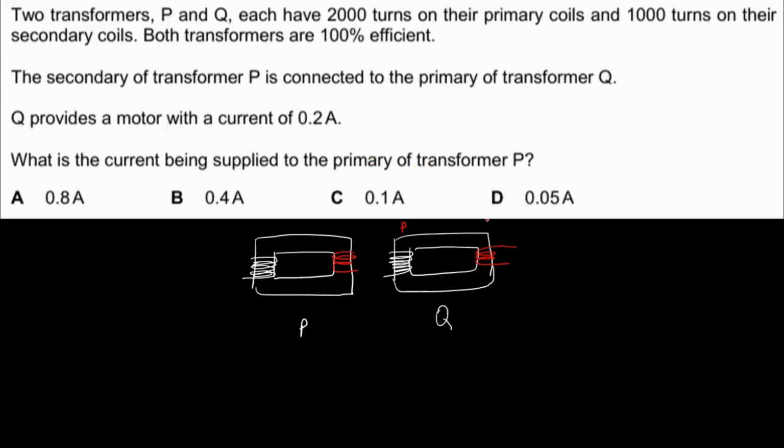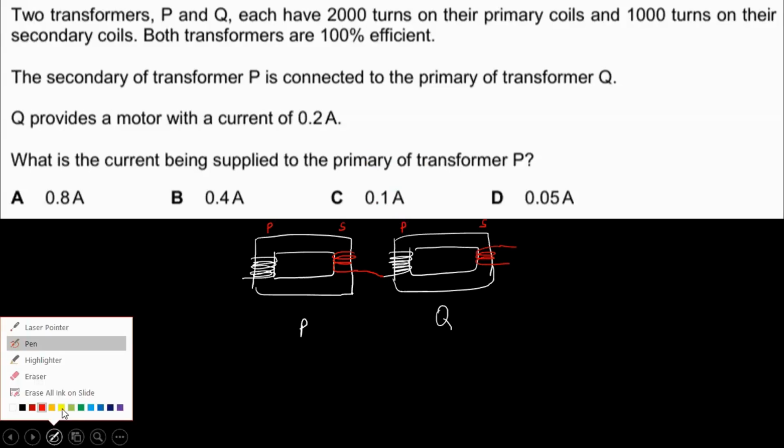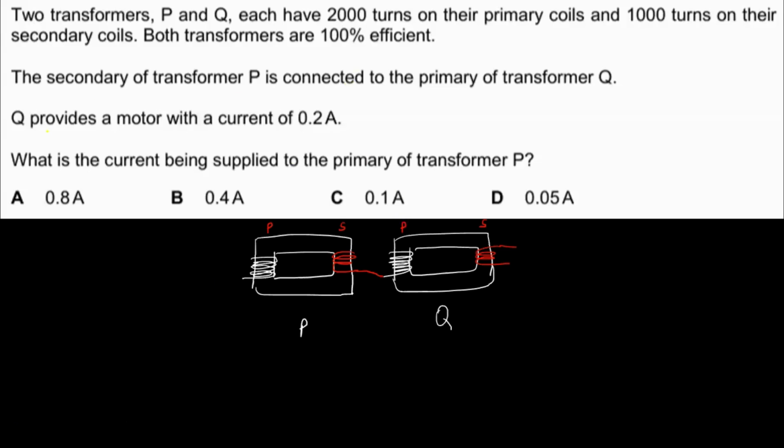So this is primary, this is secondary, this is primary, this is secondary, and these are connected, right? They also said that Q provides a motor with a current of 0.2. So this is connected to a motor and it is giving a current of 0.2 ampere.